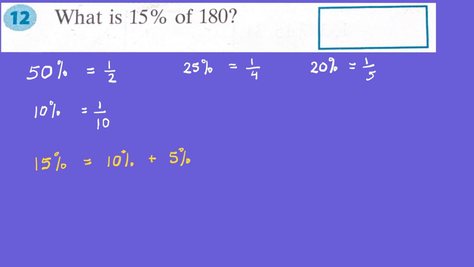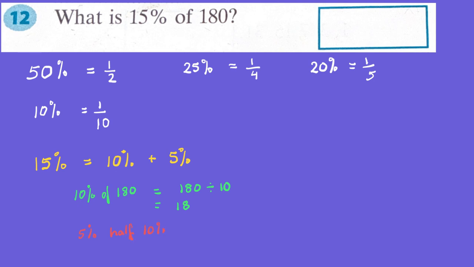Now, I know what 10% is, so 10% of 180 is going to be 180 divided by 10, and that's equal to 18. And 5% would be half of 10%.